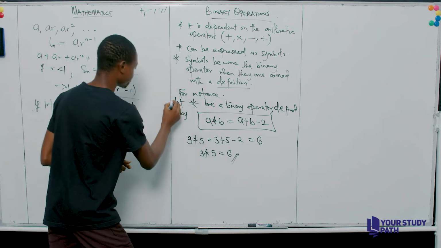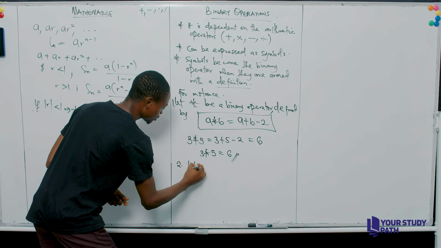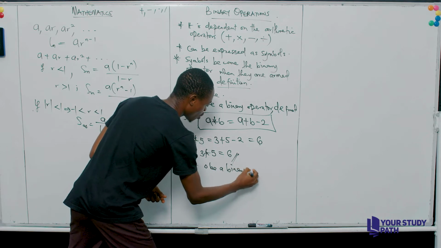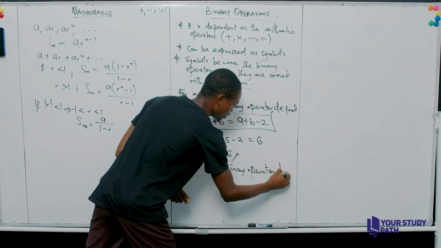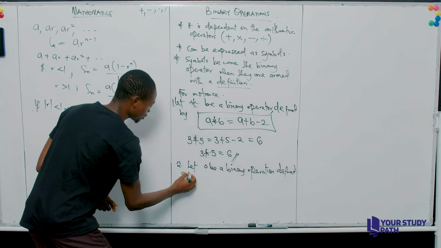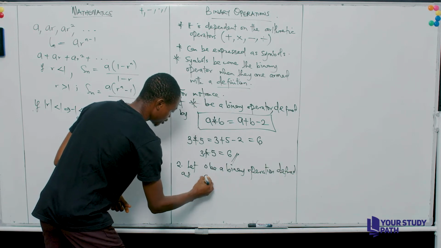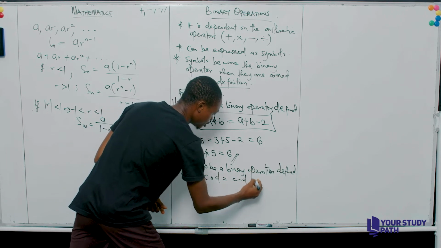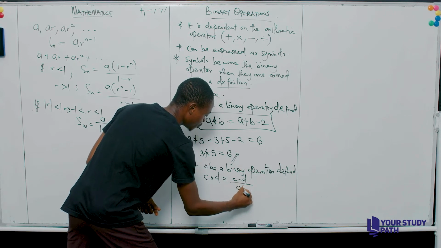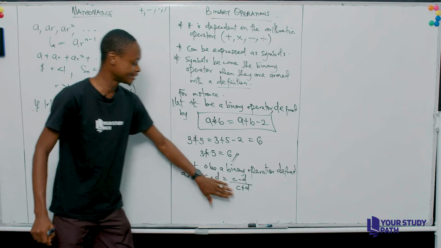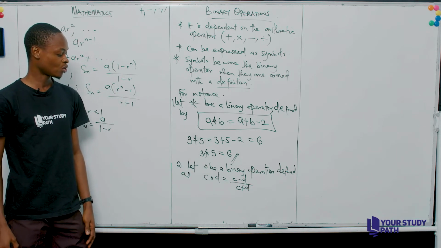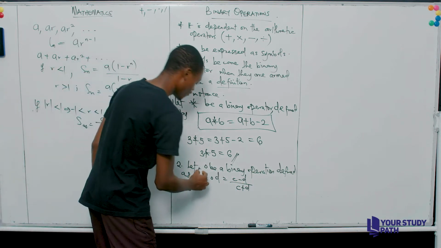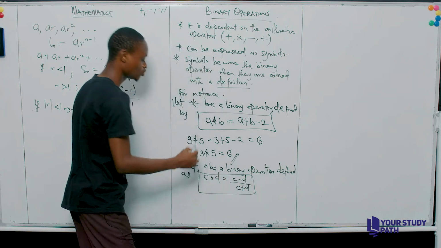For instance, if we say let naught be a binary operation defined as C naught D is equal to C minus D divided by C plus D, then naught is the binary operator, and this line is the definition for how the binary operator is used.